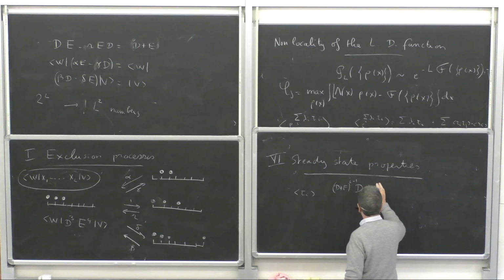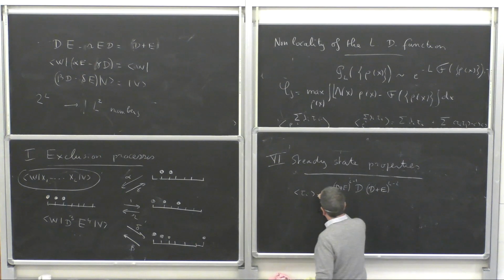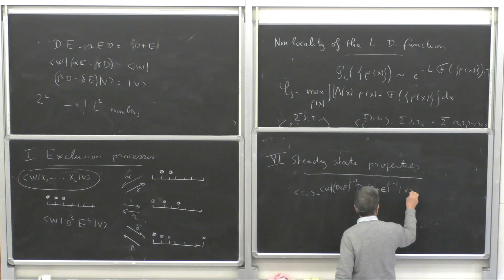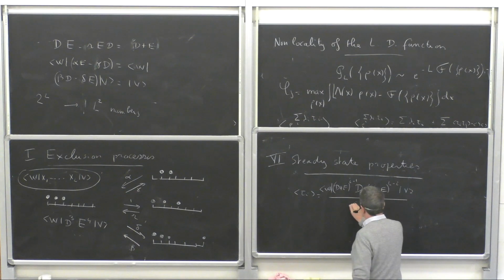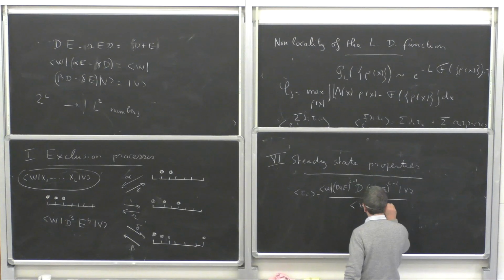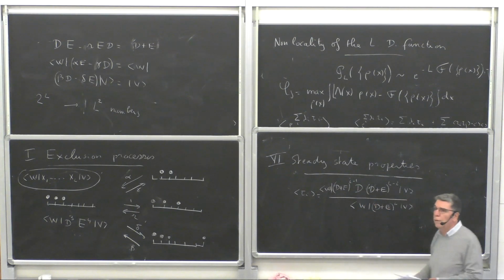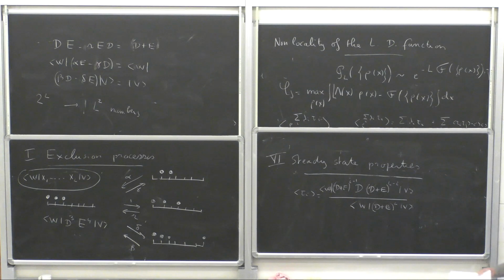All the sites after, I don't care. So this would be the formula, and in the denominator, I have a normalization factor. If I have these matrices in my hand, then I can compute the occupation number.